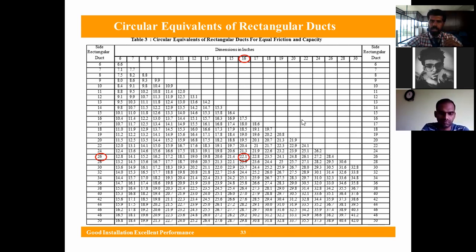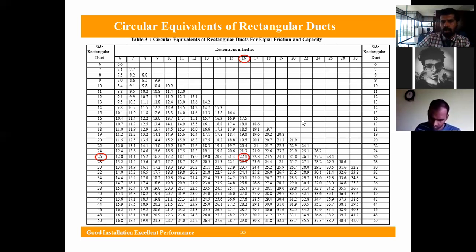For high velocity, you can give 1500 or 1800. No problem. I have already said that.